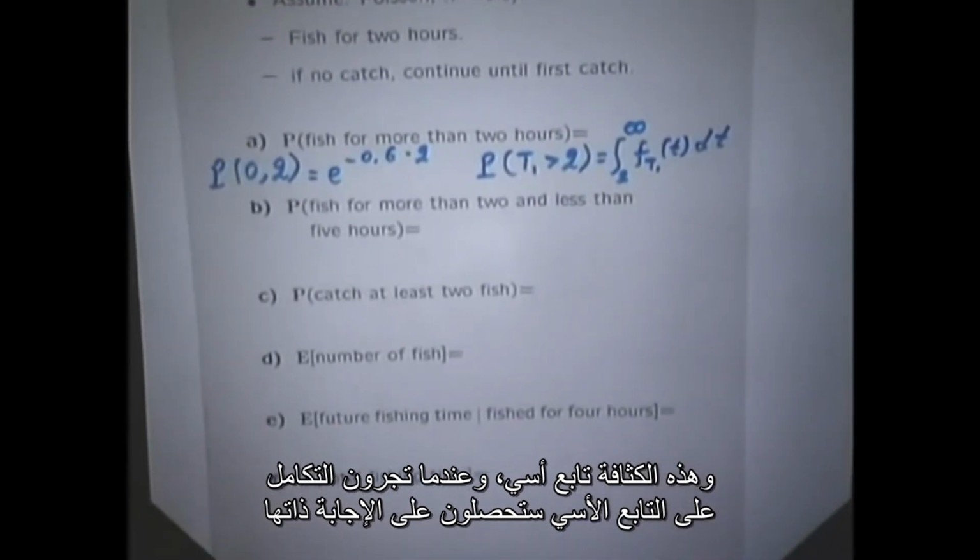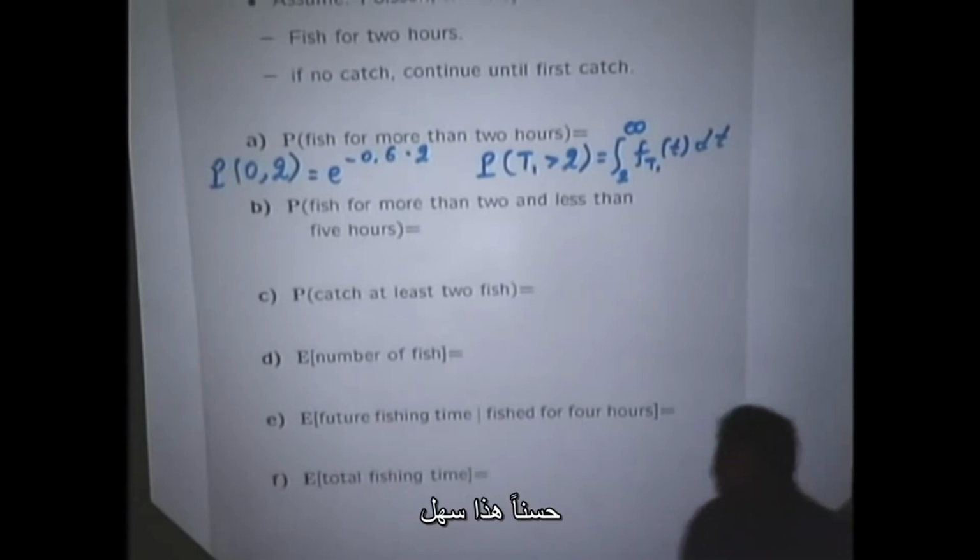And according to the formula that we have, this is going to be e to the minus lambda times how much time we have. There's another way of thinking about this. The probability that I fish for more than 2 hours is the probability that the first catch happens after time 2, which would be the integral from 2 to infinity of the density of the first arrival time. And that density is an exponential, so you do the integral of an exponential, and of course you would get the same answer. Okay, that's easy.